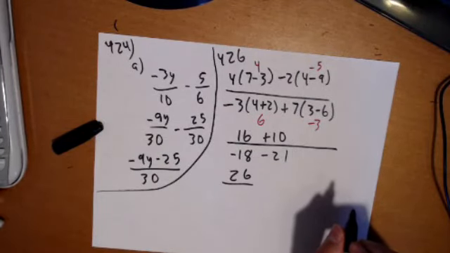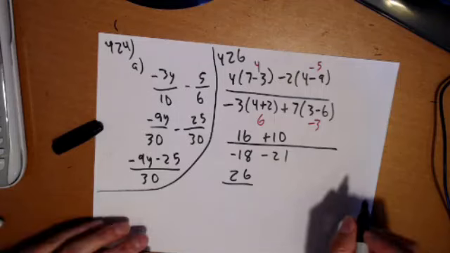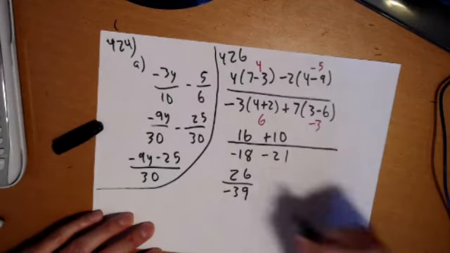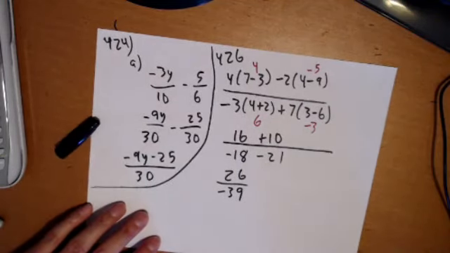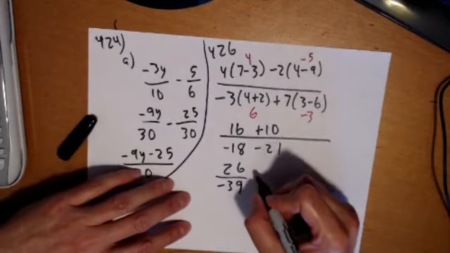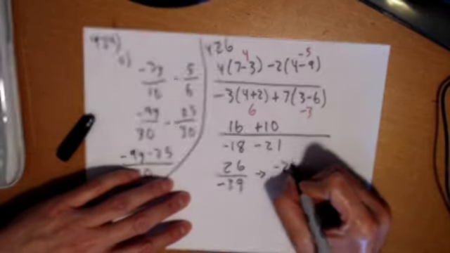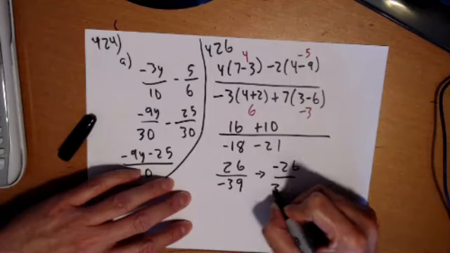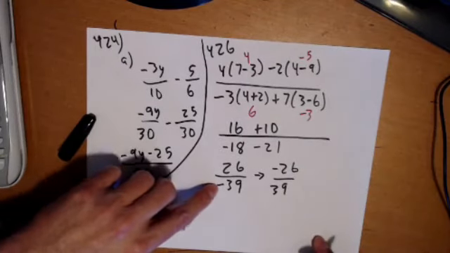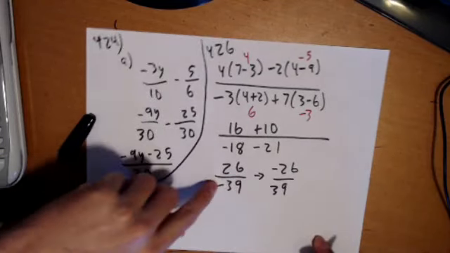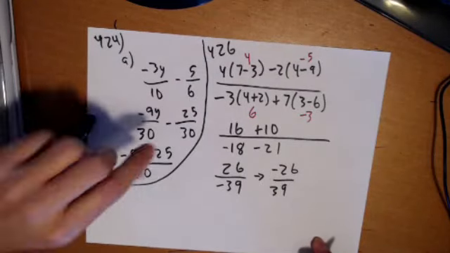Negative 18 minus 21 is negative 39. Not allowed to leave negatives downstairs, so we say negative 26 over 39. We just moved the negative from downstairs to upstairs. It's just bad manners to leave a negative downstairs.